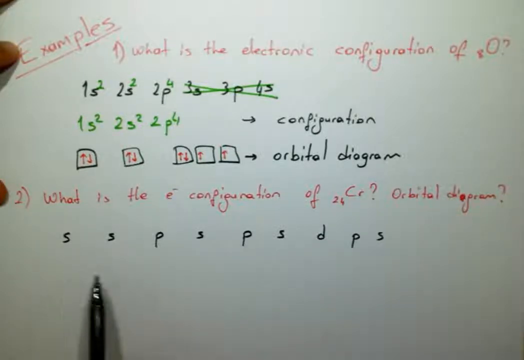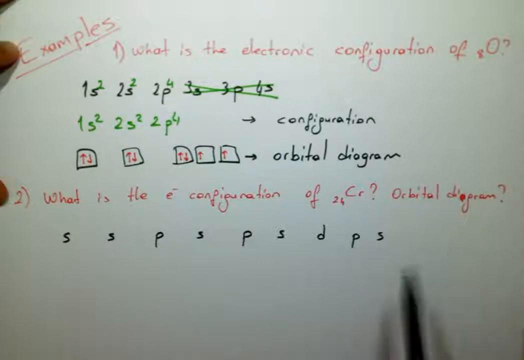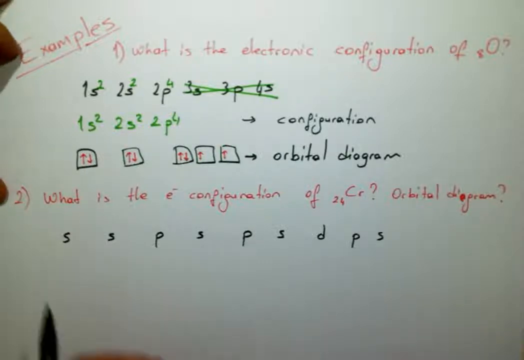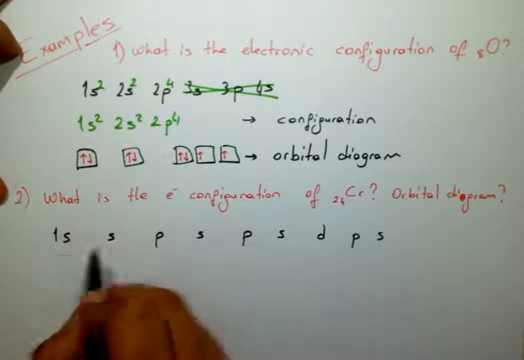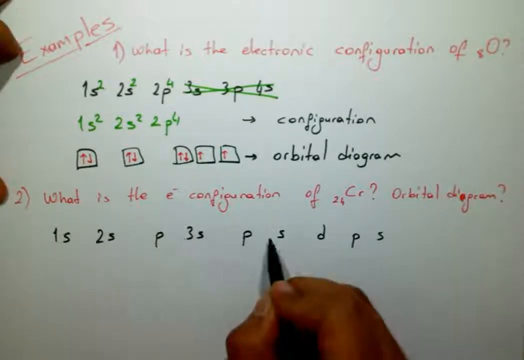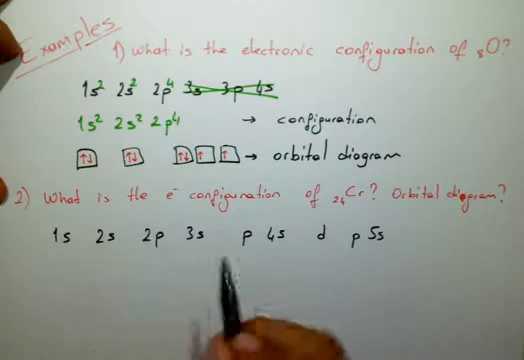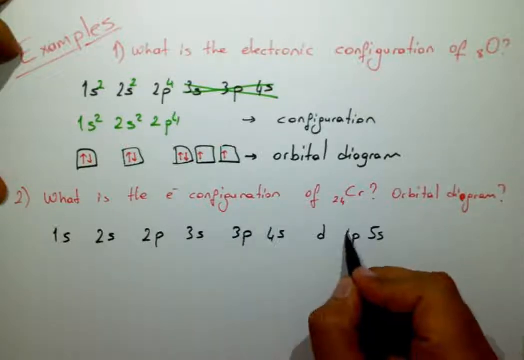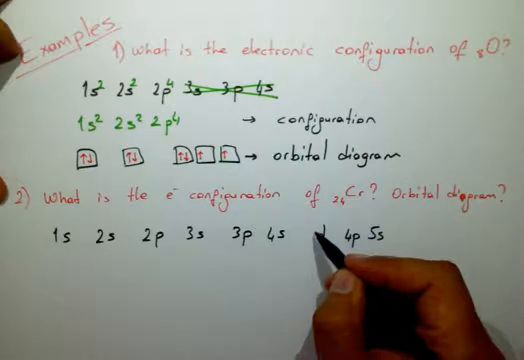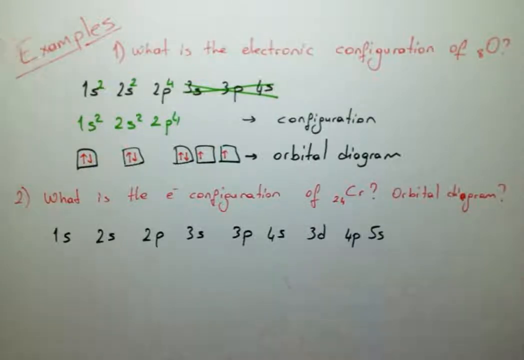This will be enough for us. We can go on with the p, s, f, but this is enough. And start S with 1 2 3 4 5. Start P with 2 3 4, and start D with 3.